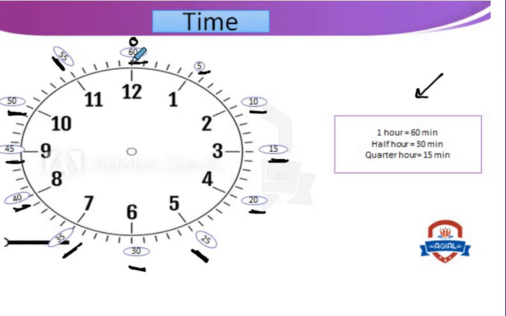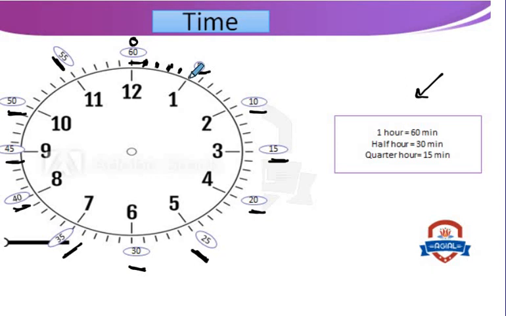Between 12 and 1, we have 5 minutes. Each small line meaning 1 minute. So between 12 and 1, count with me. 1, 2, 3, 4, and 1 equal how many minutes? Excellent, 5. Between 1 and 2, we have 5 minutes.